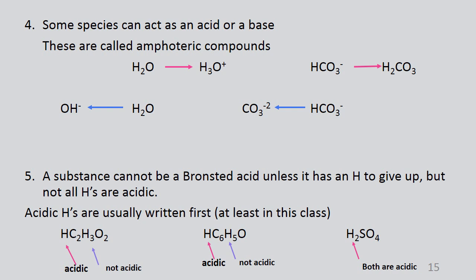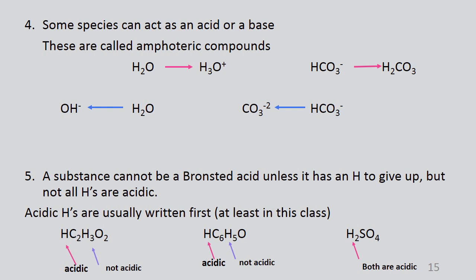And then also, a substance cannot be a Bronsted acid unless it has an H to give up, but I just want you to realize that not all H's are acidic. And this might not always be true, but at least in this class, any acidic H's are usually written first.